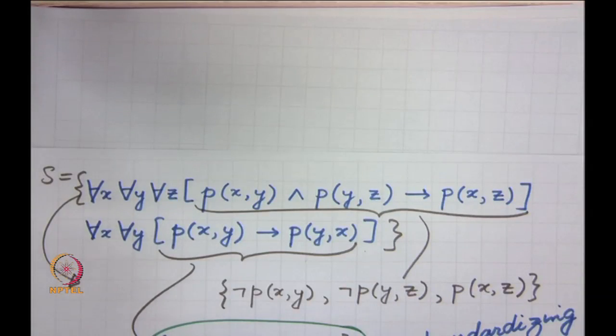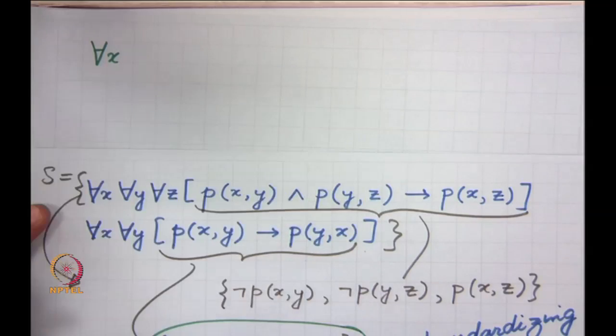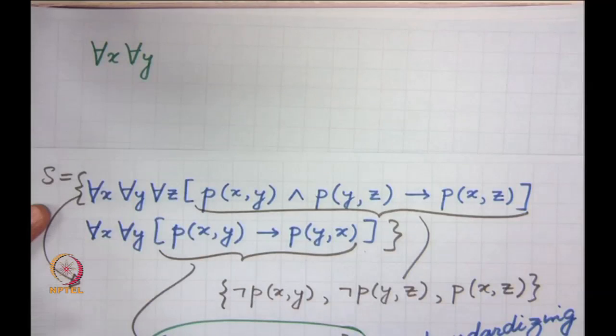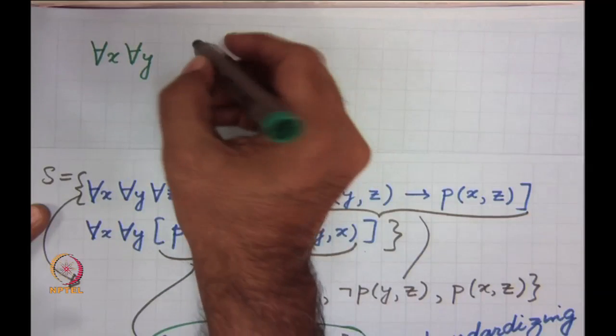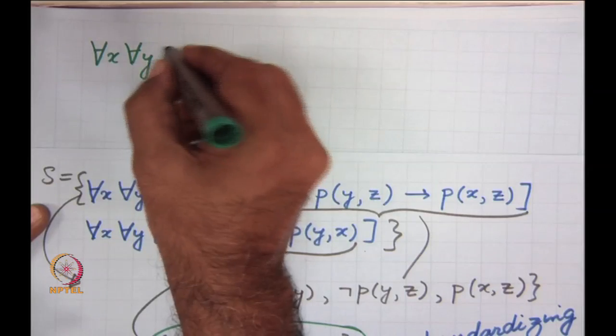So here is a logical consequence: for all x, for all y, do I need a third variable? Probably do.